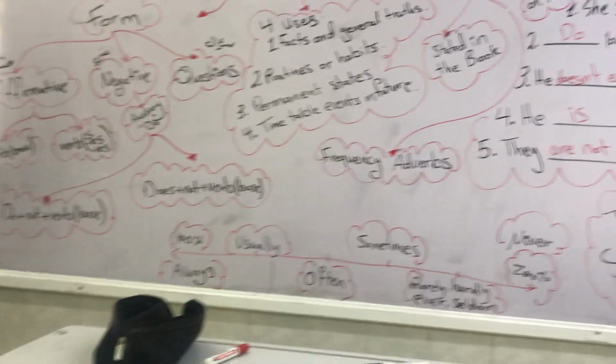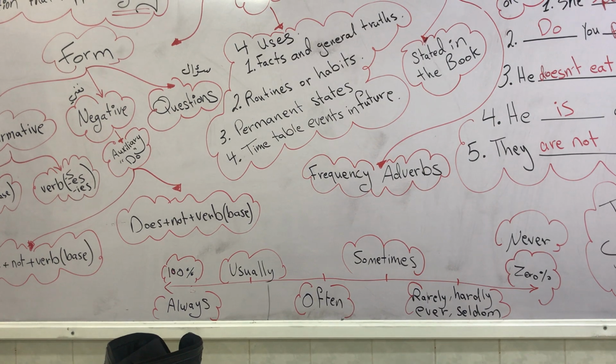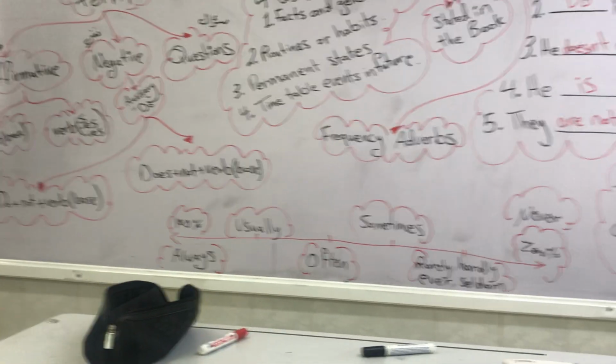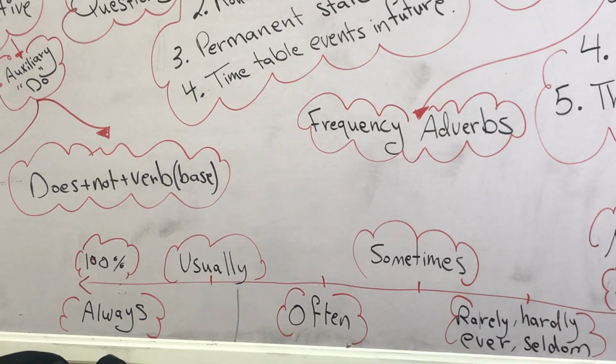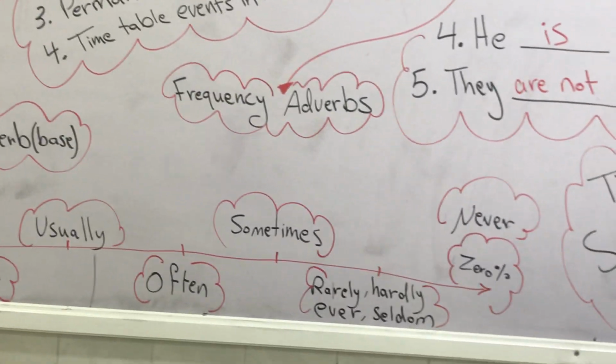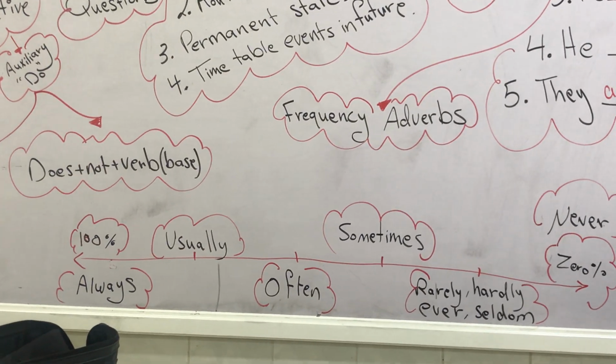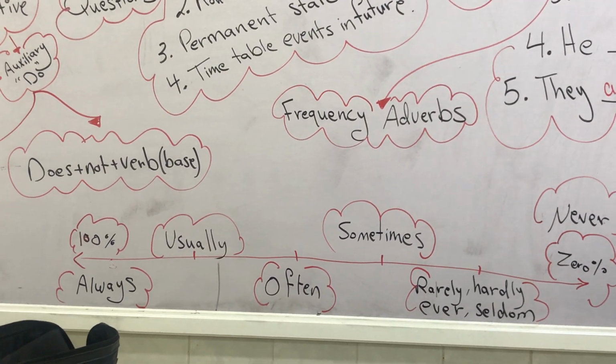Here I have also placed the frequency adverbs, from 100%, which is most of the time or all of the time we do it, to the 0%, which is never. And let's have a look again at our adverbs of frequency.